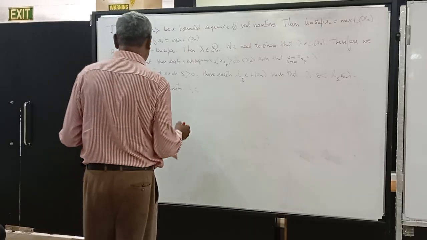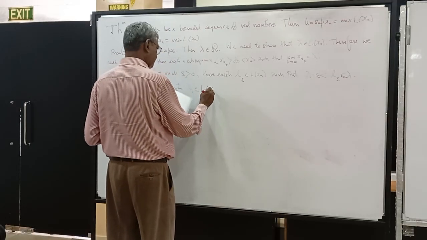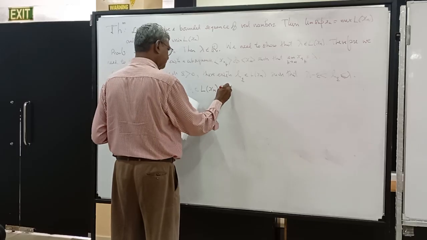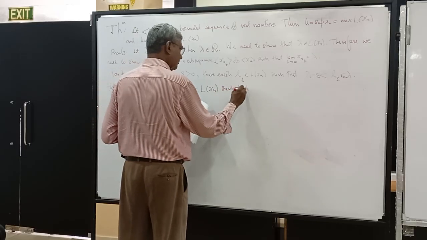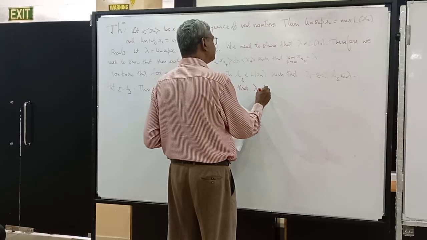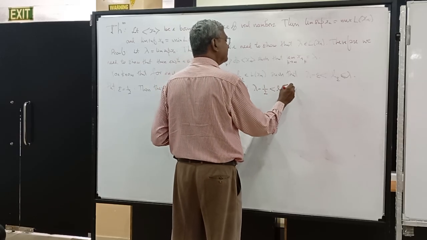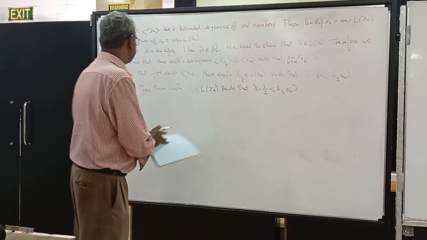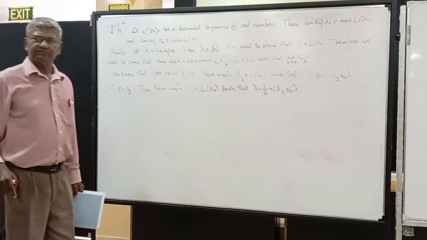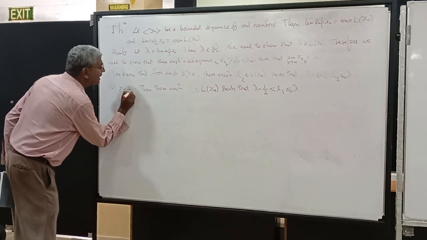Then there exists L1 belongs to LXn such that lambda minus 1/2 is less than L1, less than or equal to lambda. Because this line is true for any epsilon, I chose epsilon equals 1/2 to do the first one.